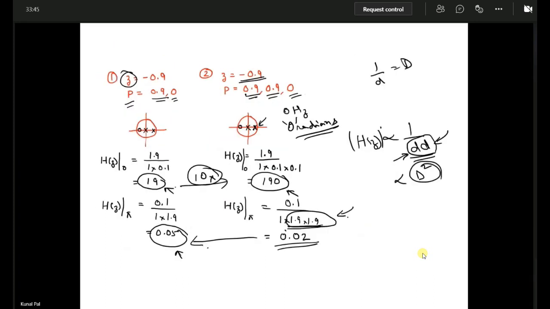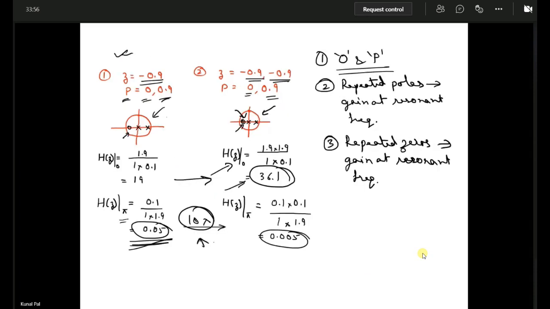On the other hand, if you see the effect of the additional poles, it has reduced the gain at the other frequencies. Okay, so you have to look into this. So with repeated poles, the gain at the resonant frequency is affected the most, that is, it is increased, but at other frequencies it is decreasing. On the other hand, with repeated zeros, the gain at the resonant frequency decreases, and at other frequencies it is increasing.